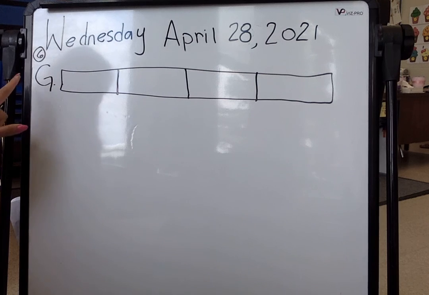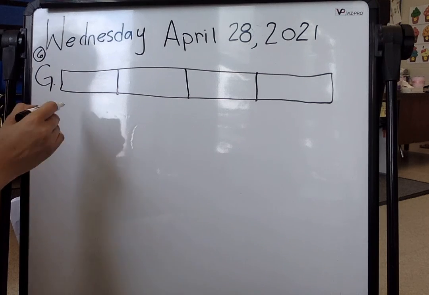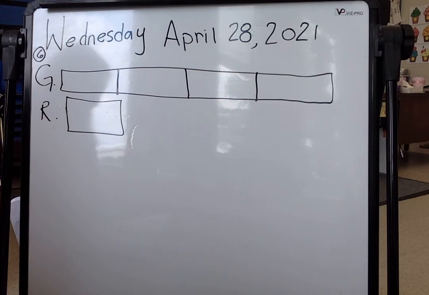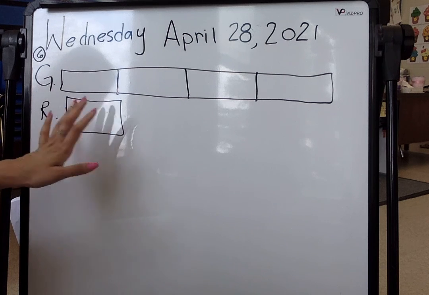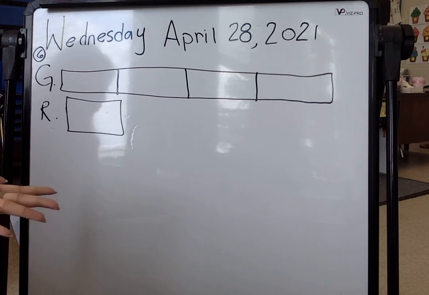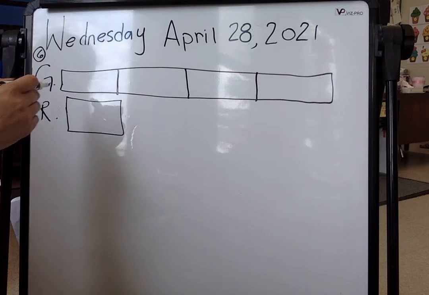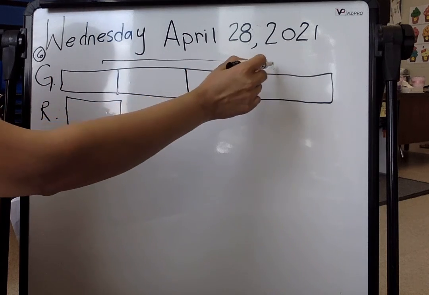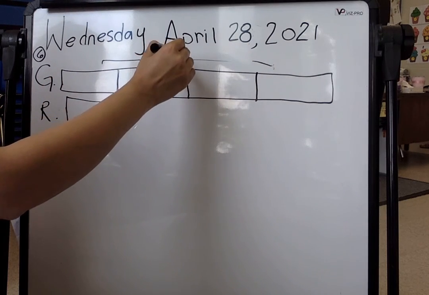G is for Gary, and then this would be Ryan's, right? But we need to find out how many Ryan actually has. We know this all equals 48.